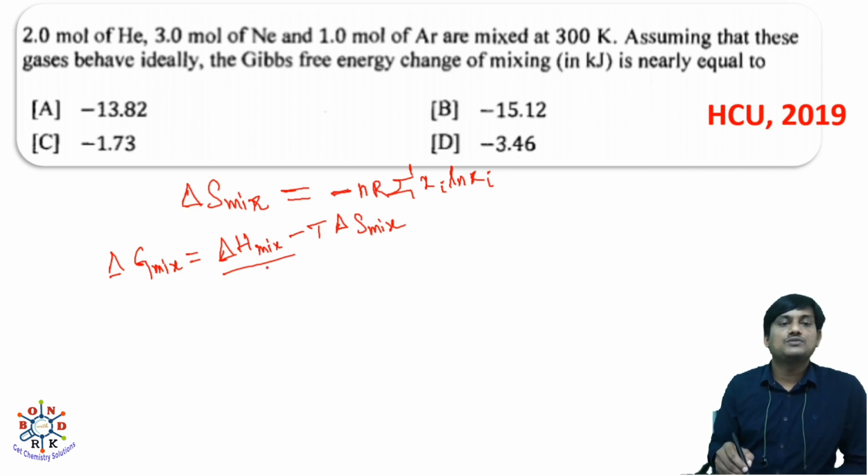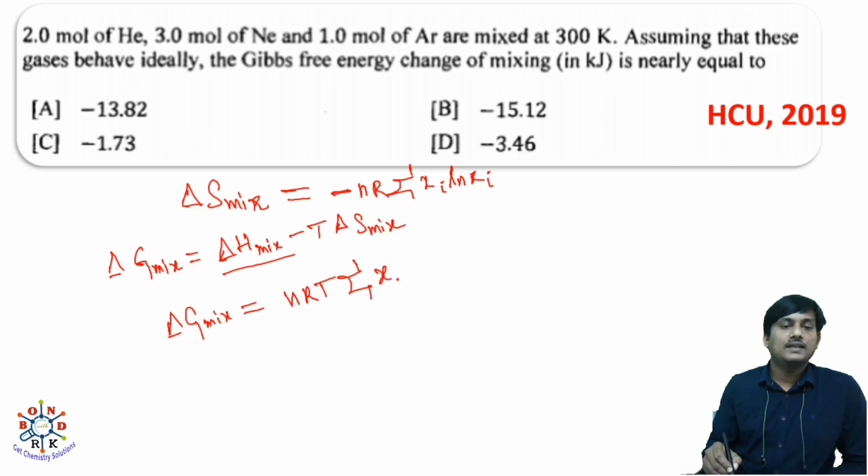So delta G mix will be equal to minus T delta S mix. So it will be equal to nRT sigma xi ln xi. Here n is the total number of moles of gaseous molecules, and xi is the mole fraction of a particular gas.